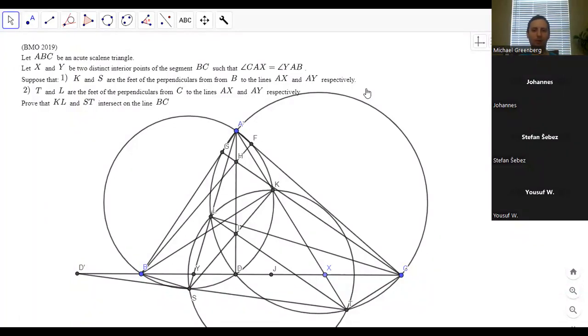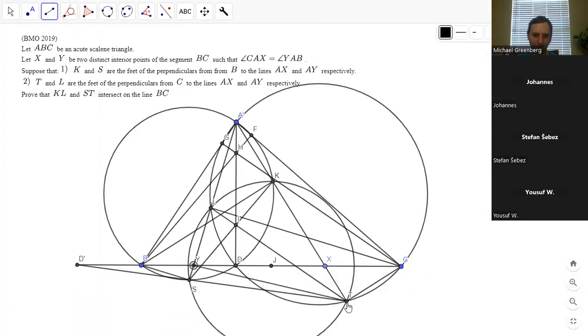I almost wonder if we could use Desargues. Yeah, maybe we could use Desargues.